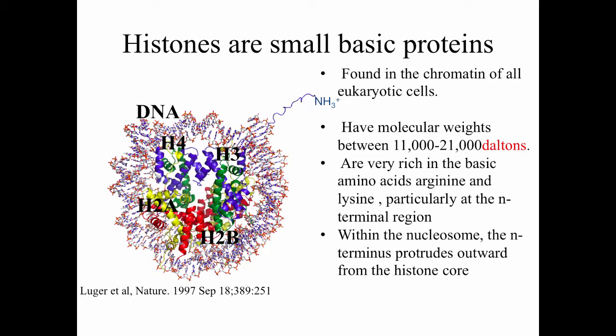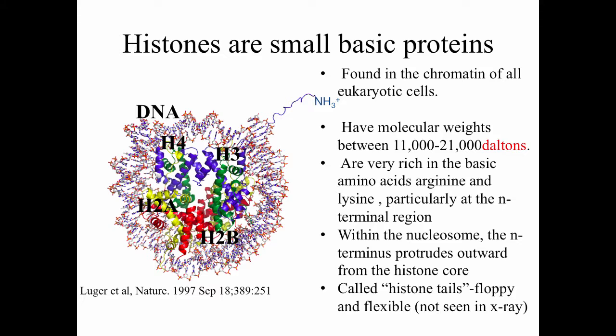Now, what's really interesting is that within the nucleosome, the N-terminus of each histone protrudes outwards from the histone core. This nucleosome shows the N-terminus of H3 extruding out, in between the two strands of the DNA from the core of the histones.